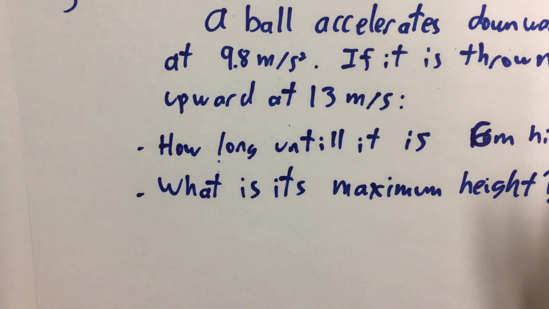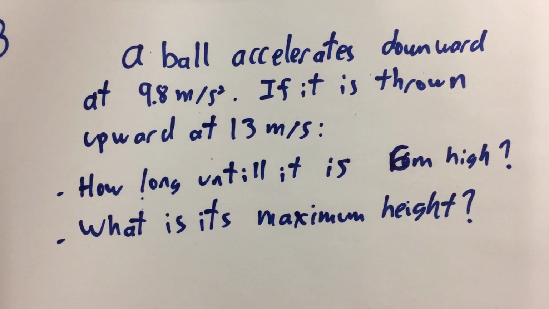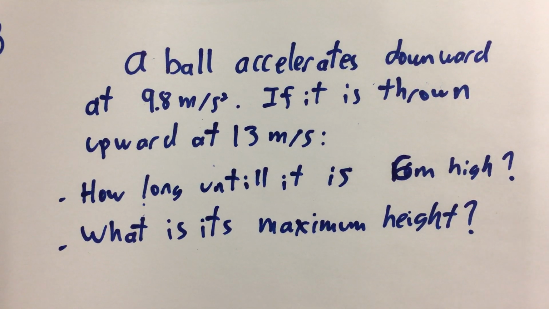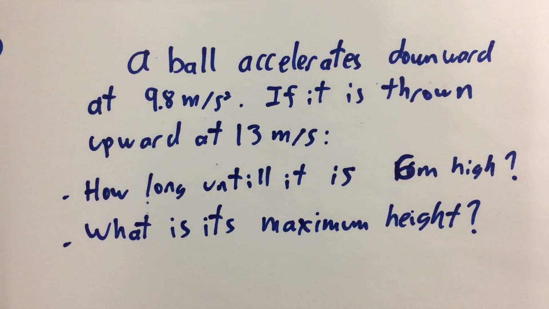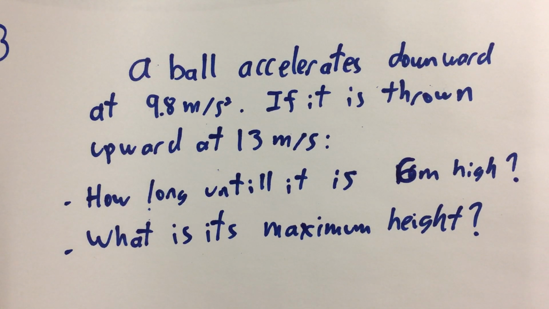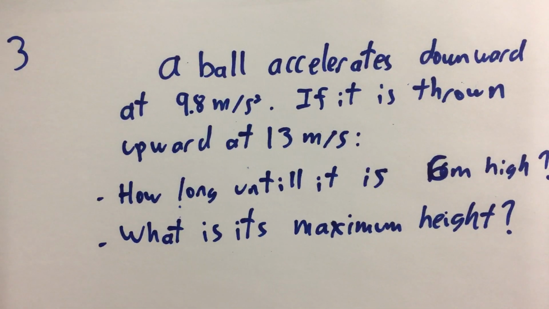Okay, this problem, we call this a freefall problem. A ball accelerates downward at 9.8 meters per second squared. And as you study physics further, you'll find that close to the Earth, if you can negate air resistance, all objects fall accelerating downward at 9.8 meters per second squared.